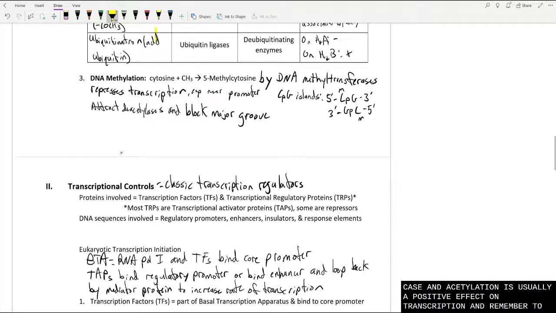And remember, DNA methylation on the DNA only really occurs on one nucleotide, and that is cytosine. And it forms what's called 5-methylcytosine. And so that's where we come into these things called CpG islands, where those cytosines become methylated, and they stay methylated through rounds of transcription, so that gene regulation continues through cell division.